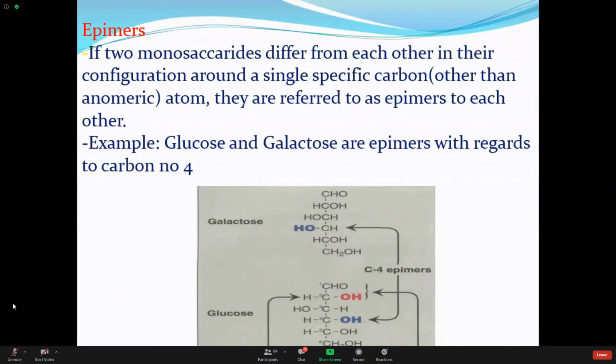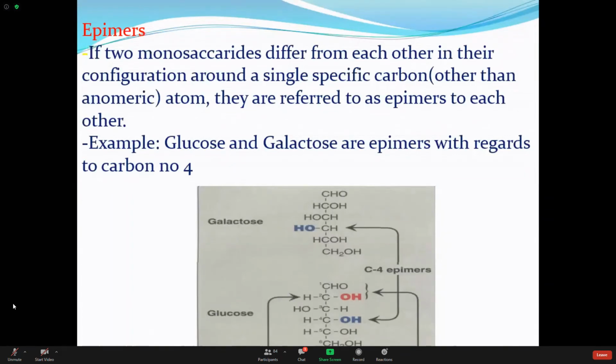Am I clear? Doctor, I have a question. Is it always carbon number 4, or can it be another carbon? No. Glucose and galactose are epimers only in respect to carbon number 4, but other molecules may be epimers in respect to other carbon atoms. Understand?